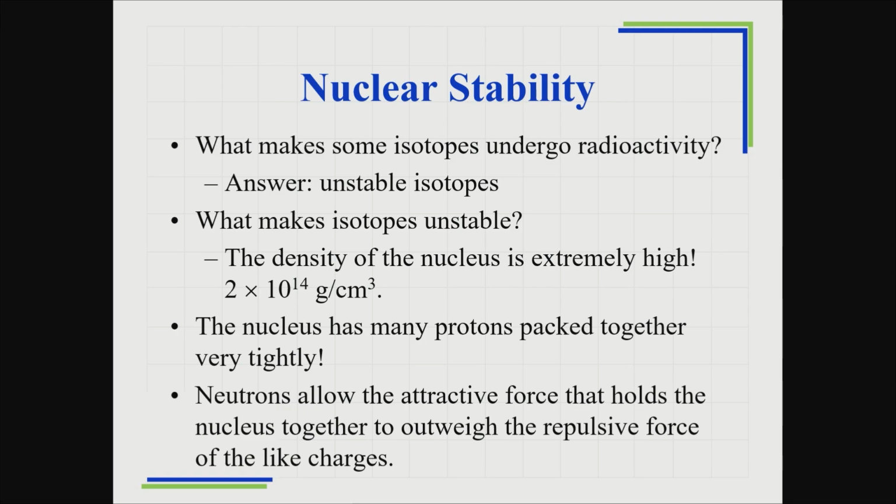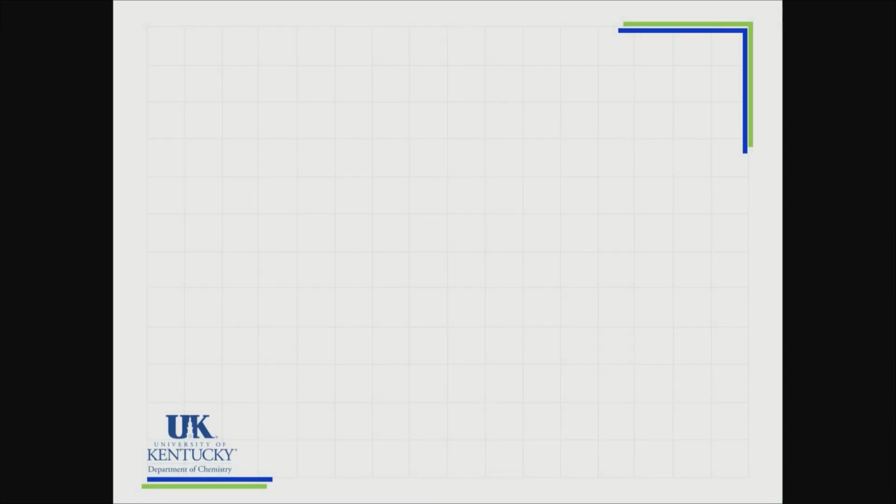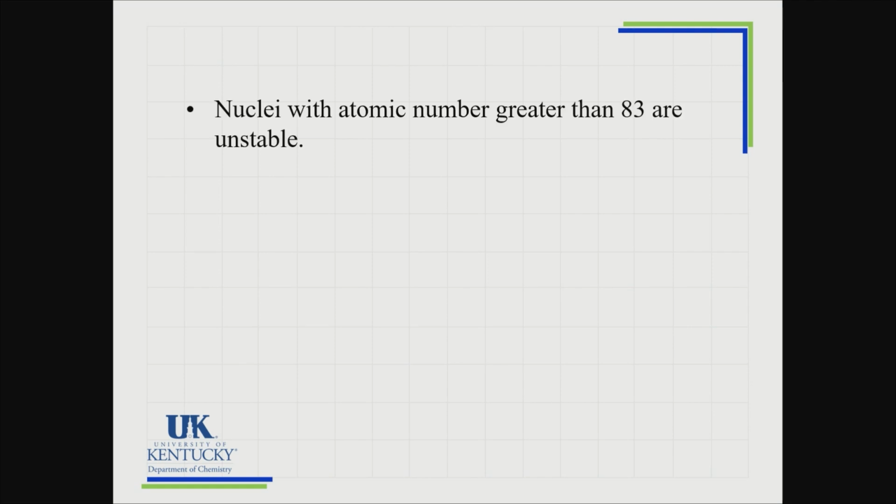So those neutrons are in there to allow some attractive force. Something's got to hold them together, and it's those neutrons that enable that to happen. So we've already stated that anything greater than 83 is just too many protons, and there's not going to ever be enough neutrons to stabilize that.